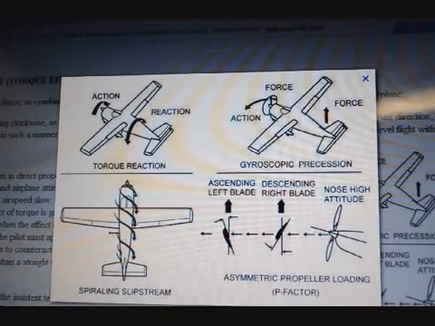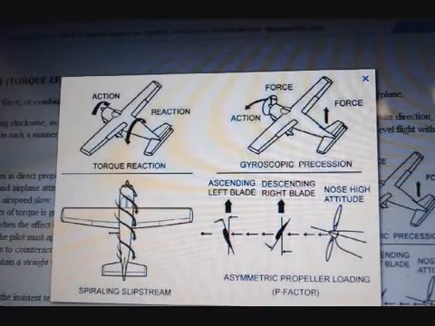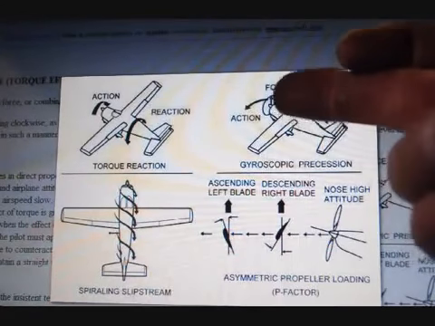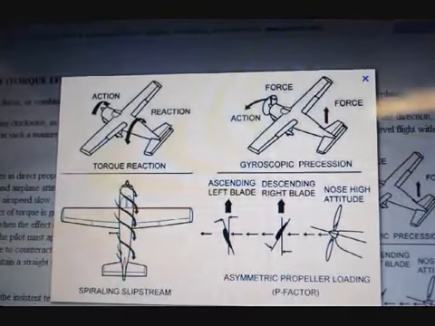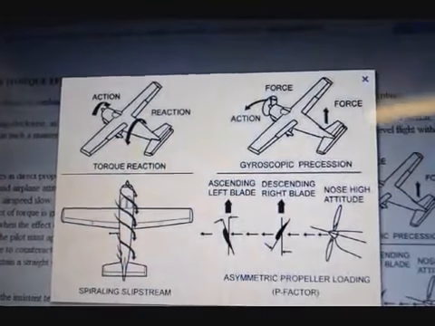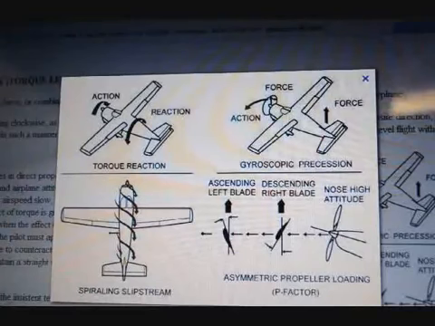Now, if you had a disc spinning and you put a force at the top of it, just like this propeller is spinning, that force is felt 90 degrees in the direction of the rotation.